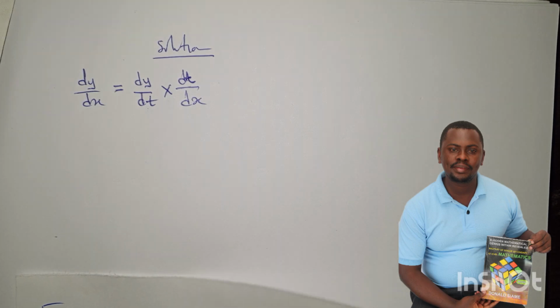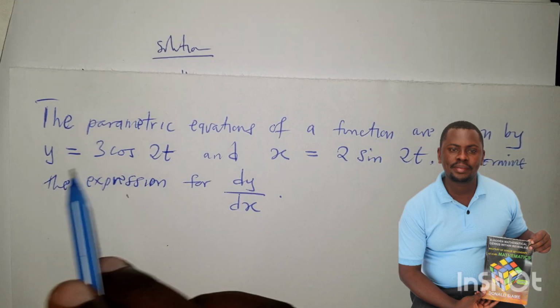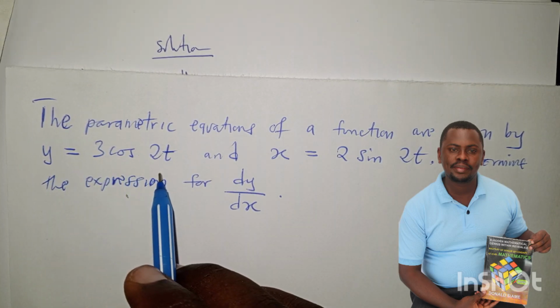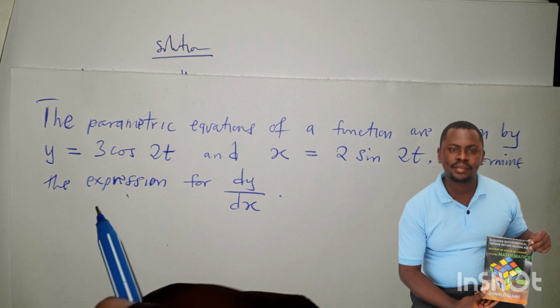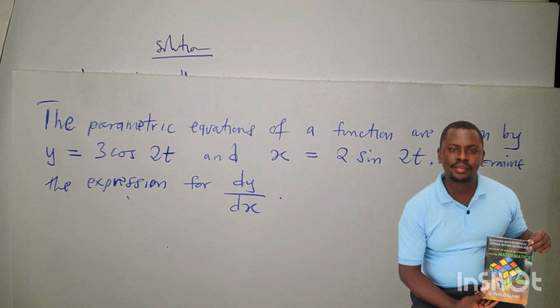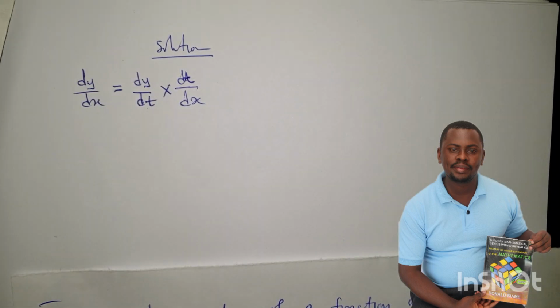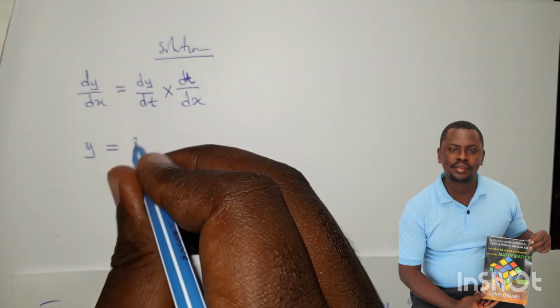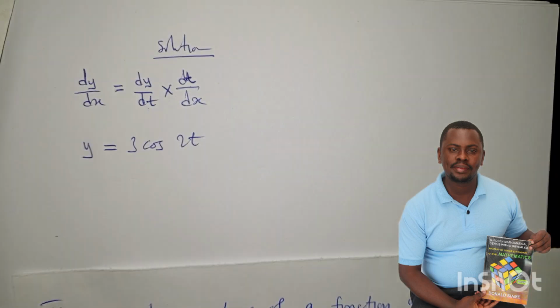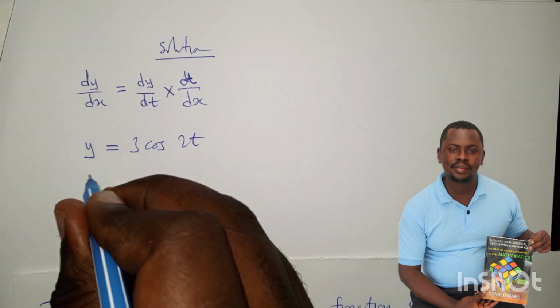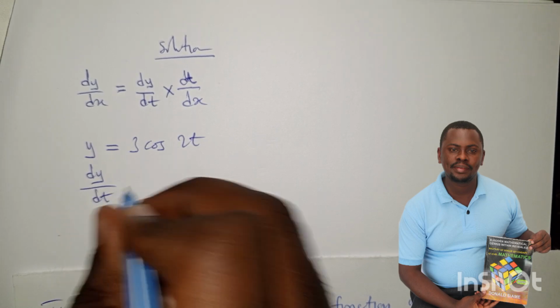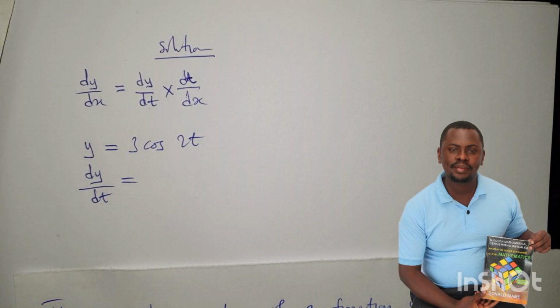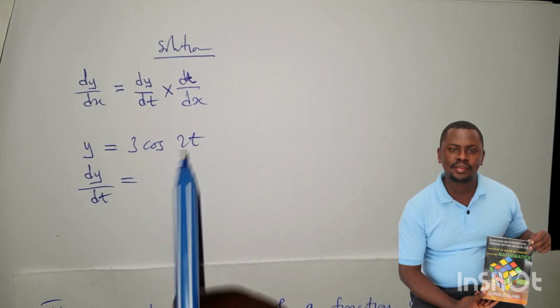So from the first function, y = 3 cos 2t, we are going to find the derivative of y with respect to t. So dy/dt is equal to, what is the derivative of 3 cos 2t?